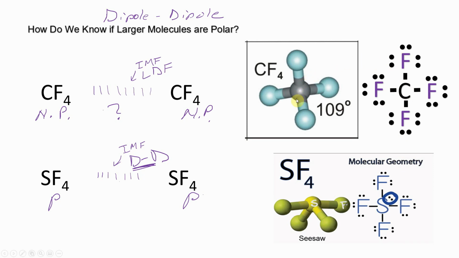Now, we've done this before, and at this point you may be feeling super confident in that from CP, or maybe you're not feeling so confident. And so that's where we're going next: how do I draw a Lewis structure and how do I turn it into a 3D model that will help me see the shape? And how can that shape tell me if the molecule is polar or not polar? But that's for the next lesson. Great job today.